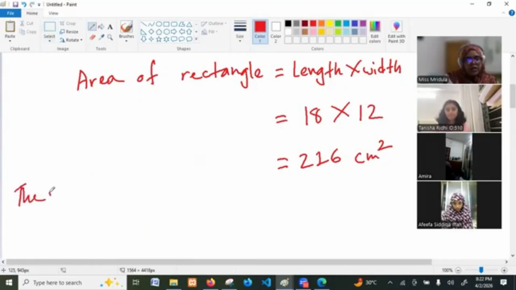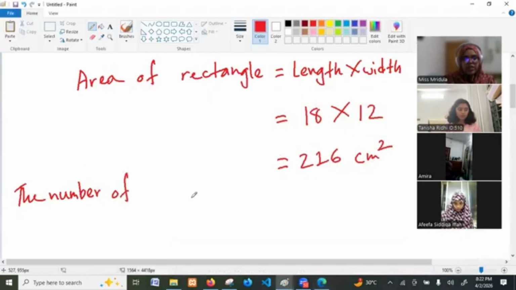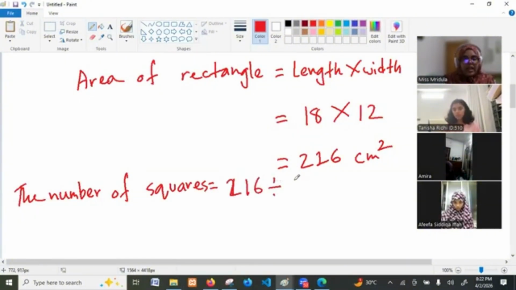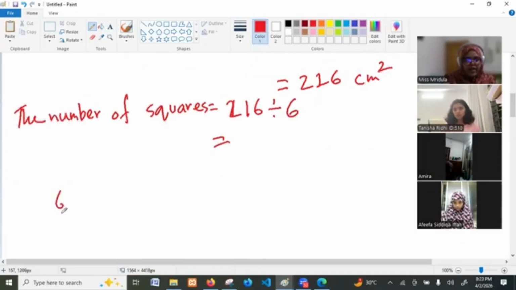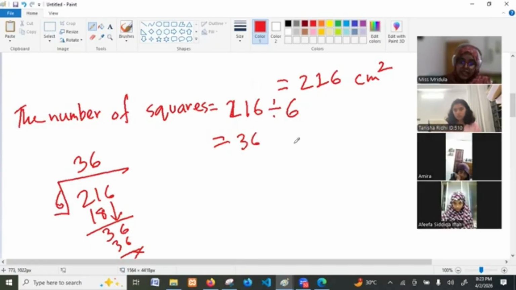The number of squares is equal to 216 divided by the HCF, that was 6. So if we divide 216, we will get 3 6s are 18, 3 and 6, 6 6s are 36. So 36 will be the number of squares. Okay, so we can get 36 squares of 6 centimeter inside the graph paper.